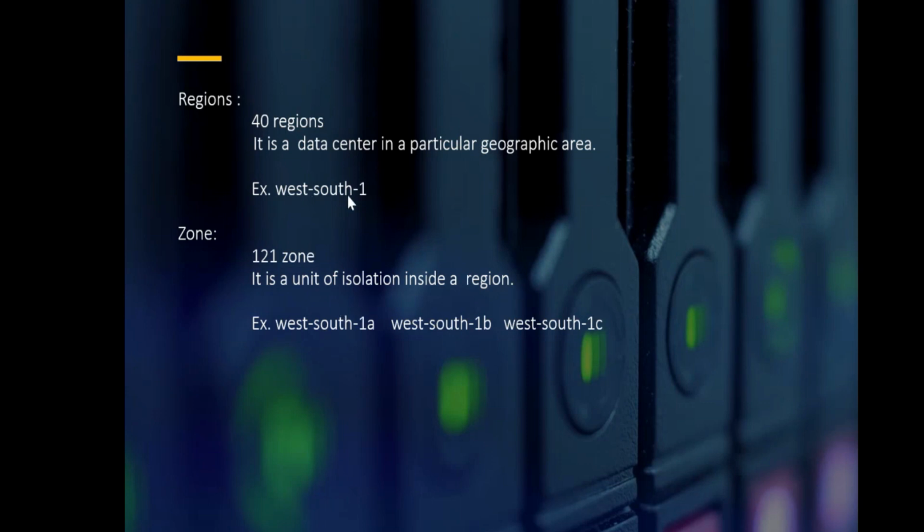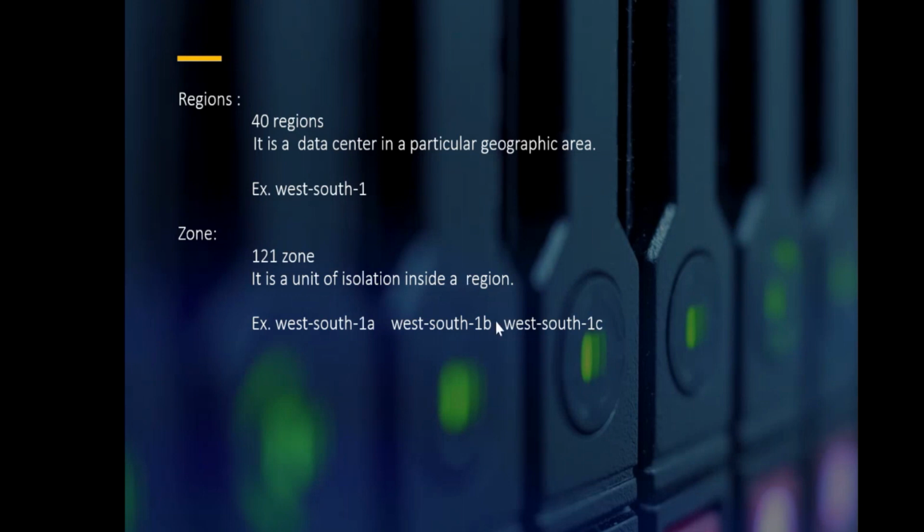If the region name is Asia South 1, you can see the zone names coming as Asia South 1A, Asia South 1B, Asia South 1C. That means one region you'll find with three different zones, A, B, C. It is a standard: for one region, three zones.